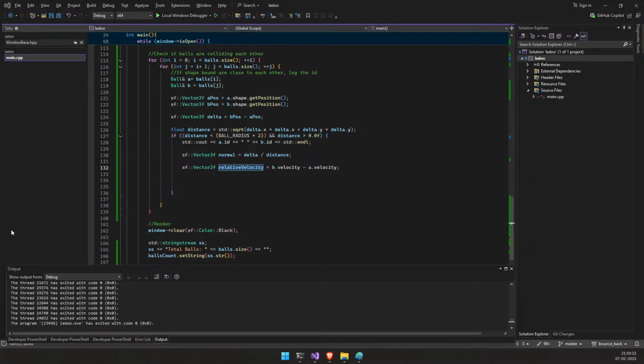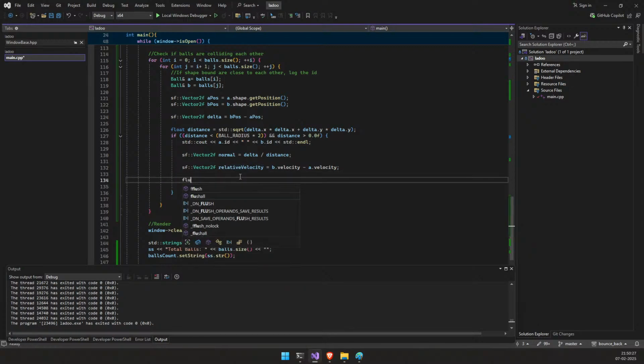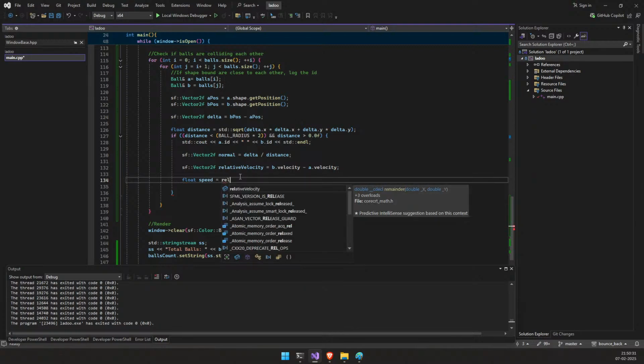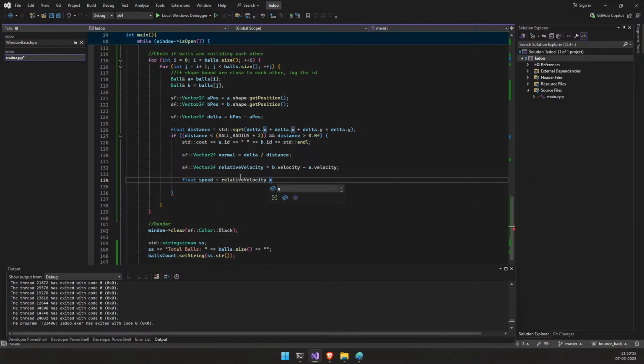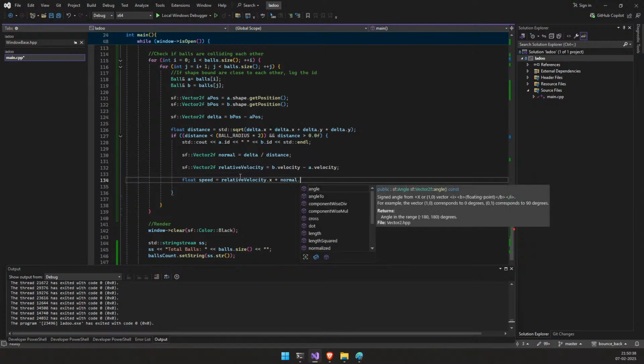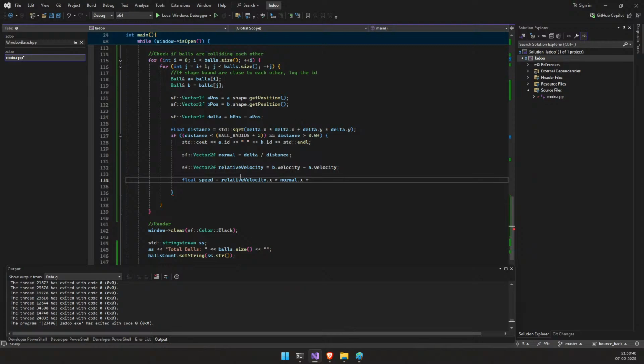So we get the speed of them, relative velocity. So I don't know what I'm doing. So push this, we can discuss it together. Why and not, we have a speed.